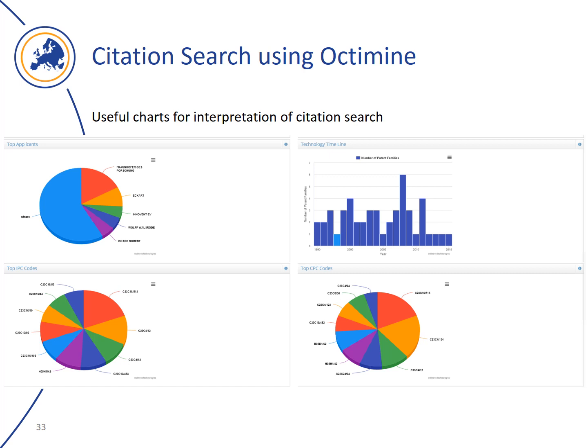Further useful charts for interpretation of the citation search are again here the top applicants. We have already seen that Fraunhofer is a front runner.